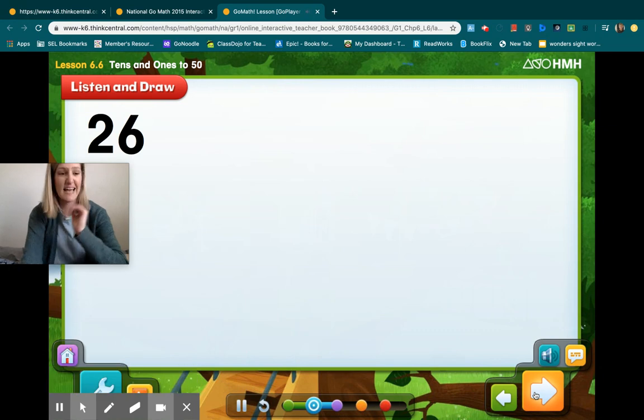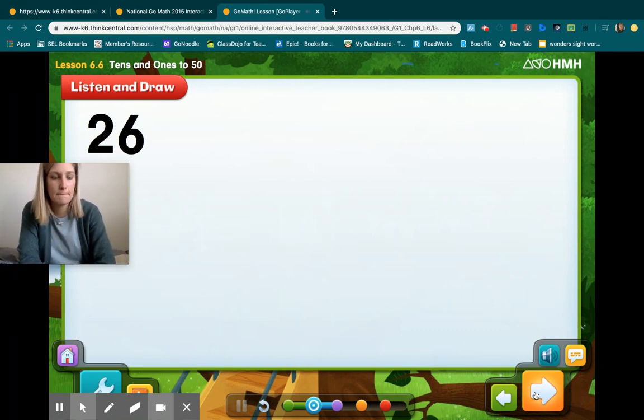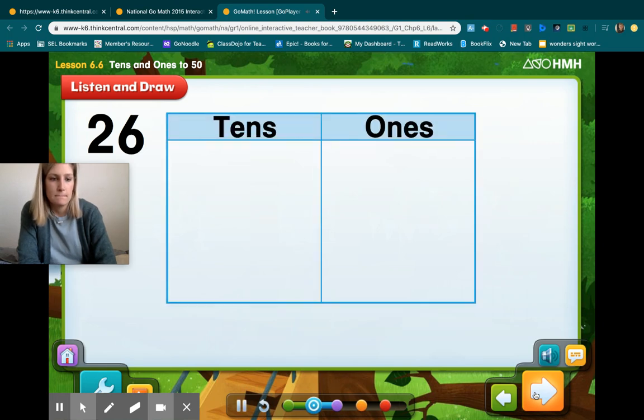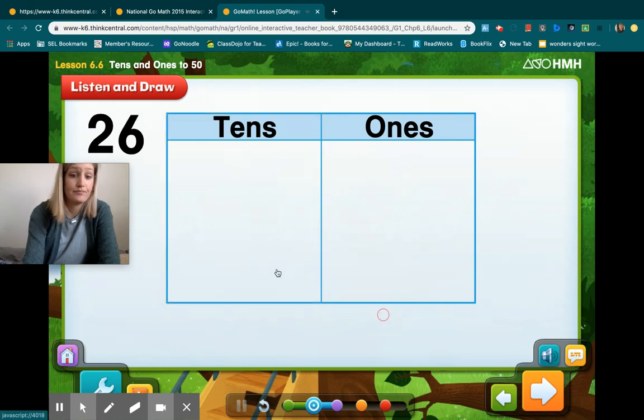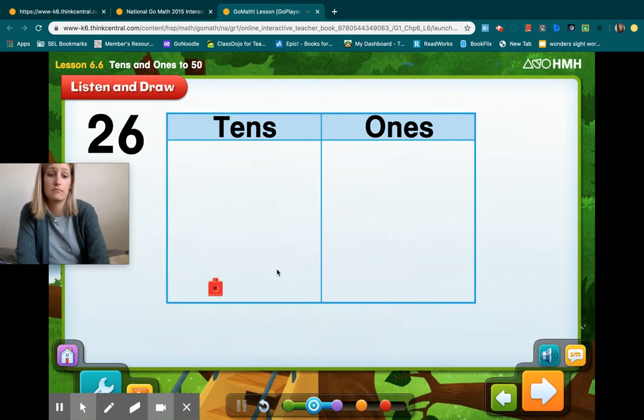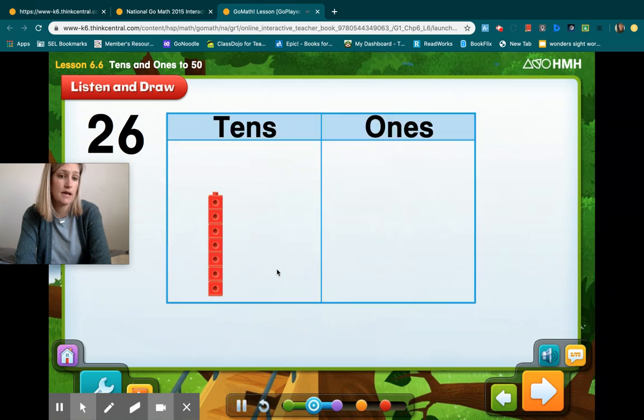You can use connecting cubes to show 26 as tens and ones. First, click to show 1 ten. Okay, just 1 ten. 1, 2, 3, 4, 5, 6, 7, 8, 9, 10. 10 cubes connected together make 1 ten.